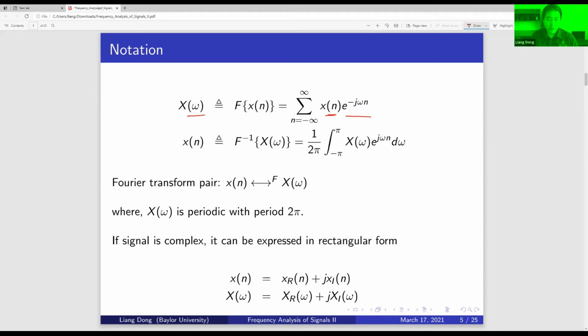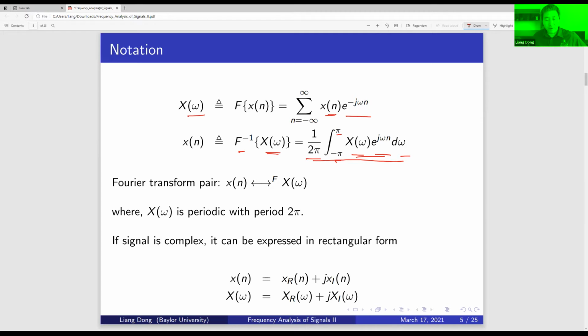The inverse Fourier transform takes X omega, the frequency domain signal, using F to the power negative 1 that indicates this inverse Fourier transform, which is the reverse, or the analysis equation. So we have X omega times the core e to the positive j omega n, the integration over one window, that's 2 pi, so integration from negative pi to pi of this thing, d omega, divided by the window size 2 pi. We call that a Fourier transform pair, xn and capital X omega.